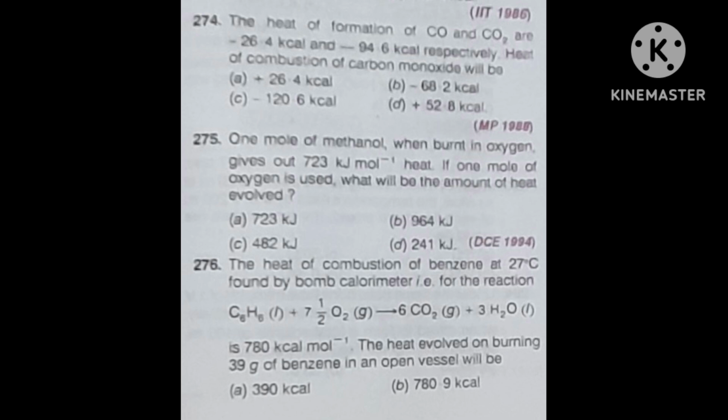Now minus reactant. In the bracket write CO, whose value is given as minus 26.4, and the oxygen value is not given, so consider it 0 because it is in its standard state, plus 0. Then simplify it. After simplification you will get 68.2 kilocalorie.